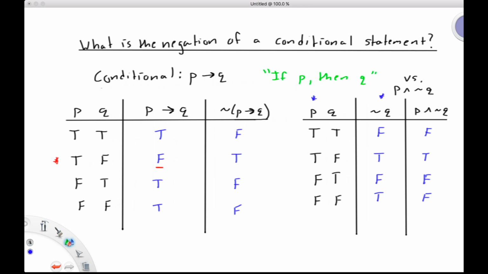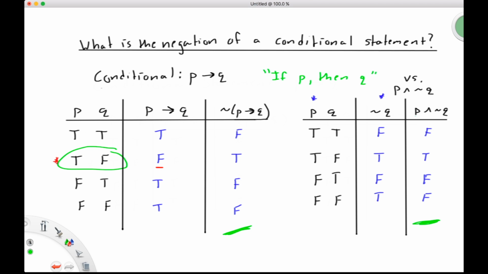And so what you'll notice here is that our column for the negation of P then Q is the same as the statement P and not Q. Again, it's not immediately obvious that this might be the case, but it sort of makes sense when you think about it, because the one case here where P then Q, our conditional, is false is when we have P, right?